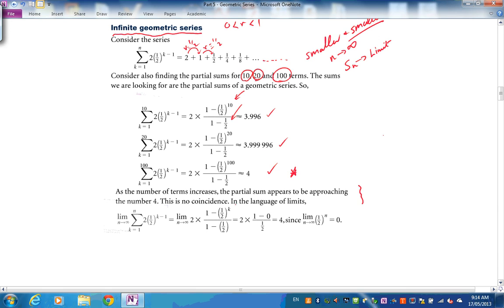This is no coincidence, because if we look at the language of limits, let's look at the form. We haven't done that. Maybe just pause and come back up here. This notation, remember, says the sum from k is 1 to 10 of the terms of the form 2 by a half to the k take 1. That's our formula for our geometric series here.